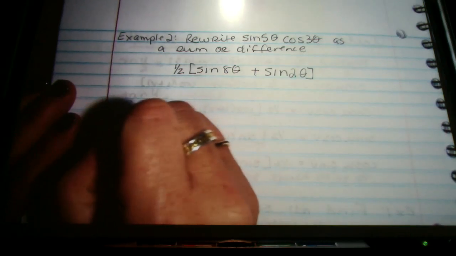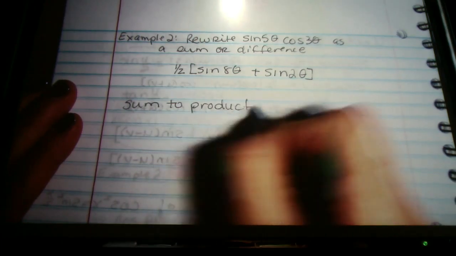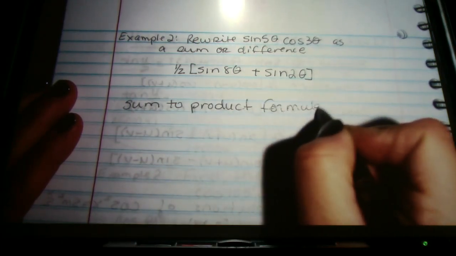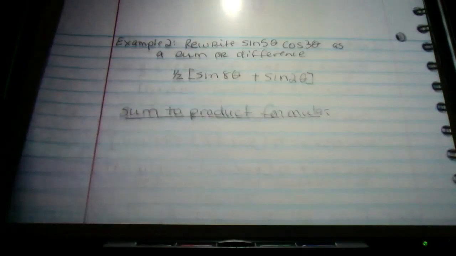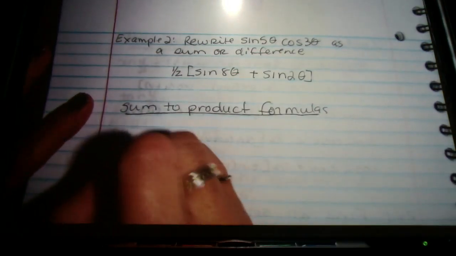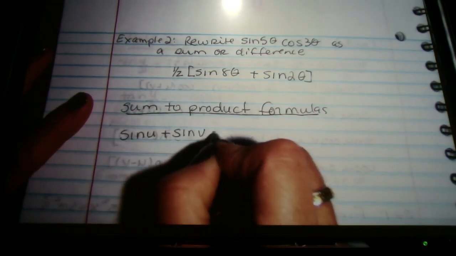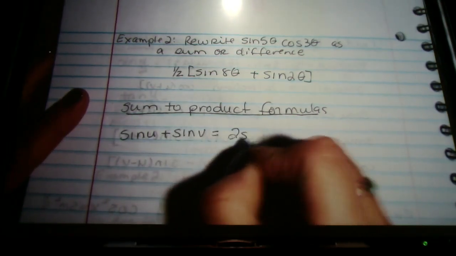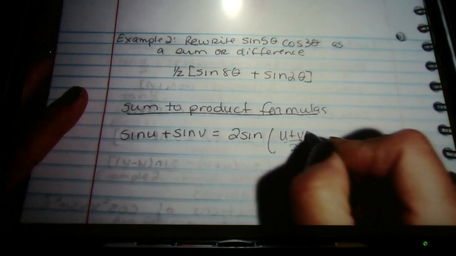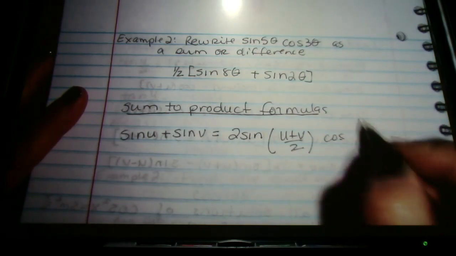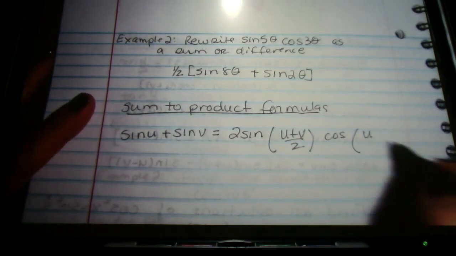So now we have sum to product formulas. So sine of u plus sine of v equals 2 sine of u plus v divided by 2 times cosine of u minus v divided by 2.